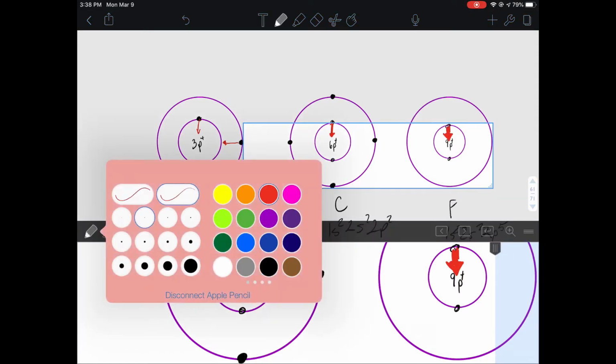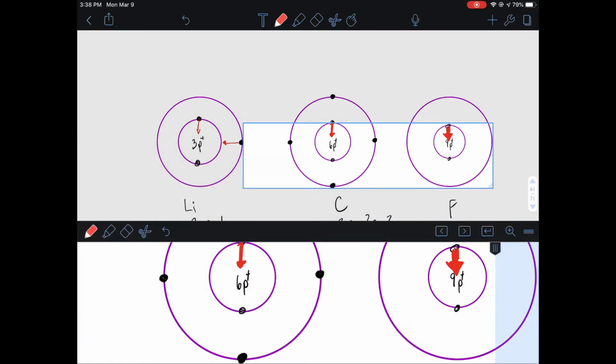In reality, there's probably a difference between the s and p electrons and how much they're attracted to the center. But we don't really have the tools to be able to talk about that at this moment. So these electrons will be receiving a little bit of attraction, not quite as much as the other ones.